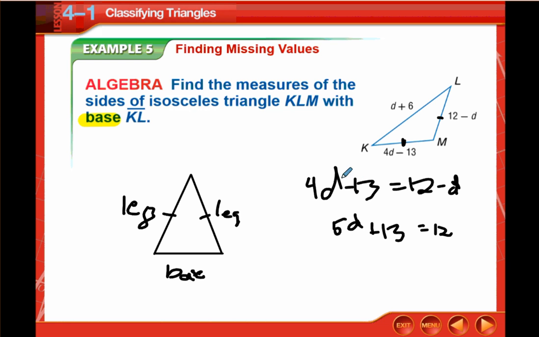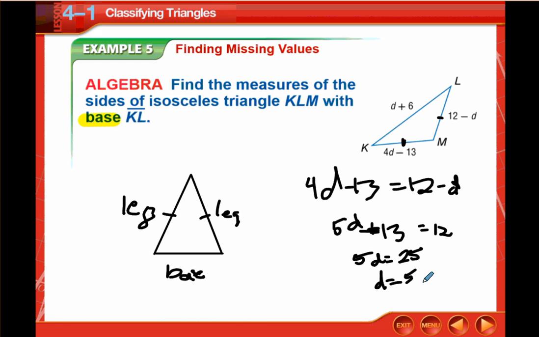And I've messed myself up here because that's a minus 13, not a plus 13. So this should be a minus right here. And I'll fix that on my next step since my eraser part isn't working here. So that's 5D minus 13 equals 12. We'll add 13 to both sides and we get 5D equals 25. Divide both sides by 5 and we'll get D is equal to 5.